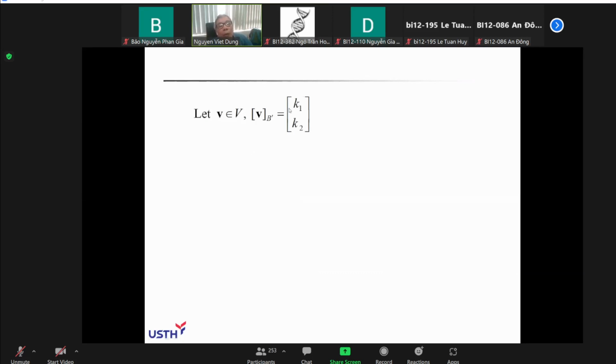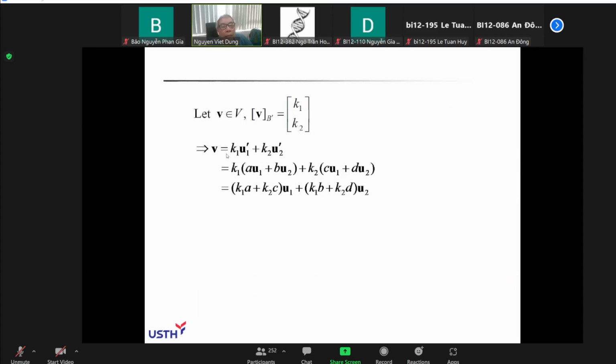Okay, we do as follows. V with coordinates like that means V equals K1 times U1 prime plus K2 times U2 prime. But U1 prime and U2 prime we already know from the previous slide, and we substitute them here. U1 prime equals that, U2 prime equals that. Now we multiply them together and do the calculation.